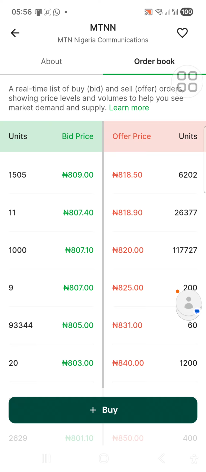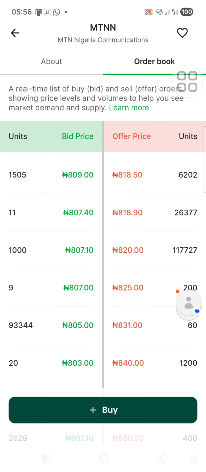But if you now decide you are going to bid 809 naira, then you will have to wait until somebody lowers their offer price. Even if you bid 815 naira, which is higher than the highest bid price, you will still have to wait and wait and wait.